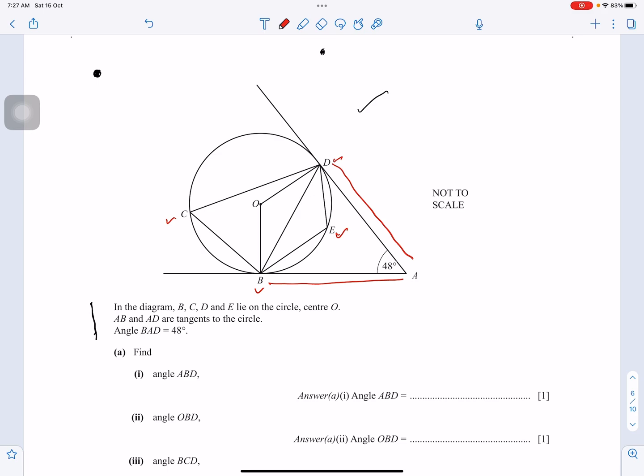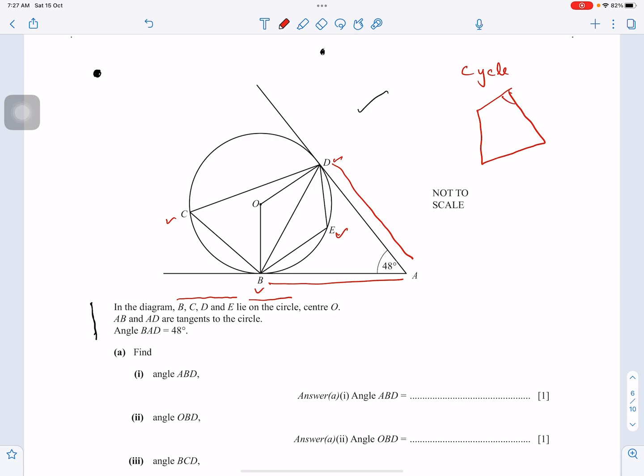Number one is from here, that these points are on the circle, right? If these points are on the circle, if you remember the cyclic quadrilateral, there is a rule. Number one is that the opposite angles, right?